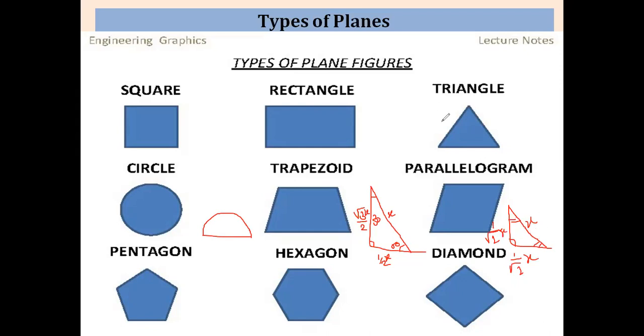Maybe the triangle is missing here. Whatever triangle is given, suppose it is an equilateral triangle, where all sides are equal. We have also seen the triangle which has two sides equal. What are we calling it? Isosceles.